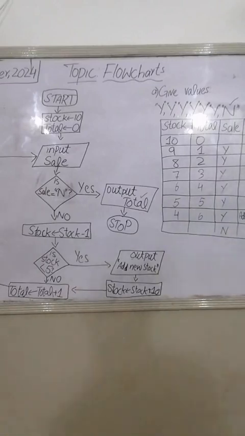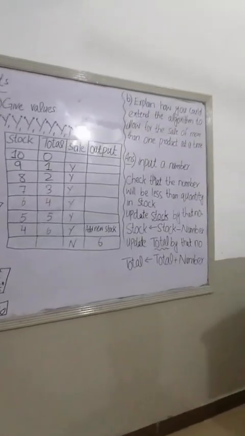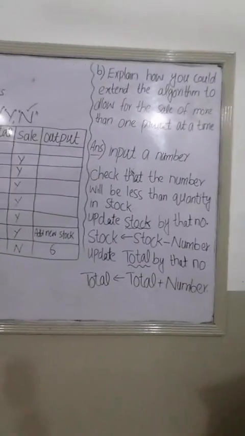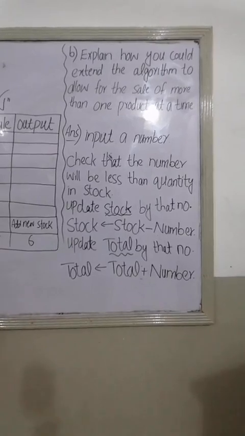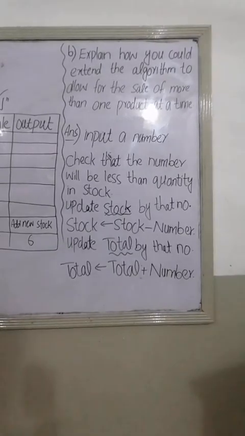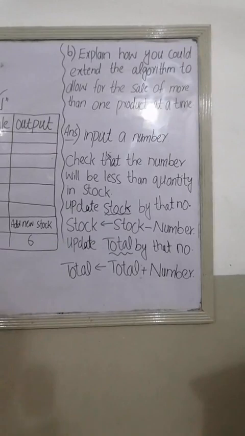And at the end, the last part is about explaining how you could extend the algorithm to allow for the sale of more than one product at a time, right?